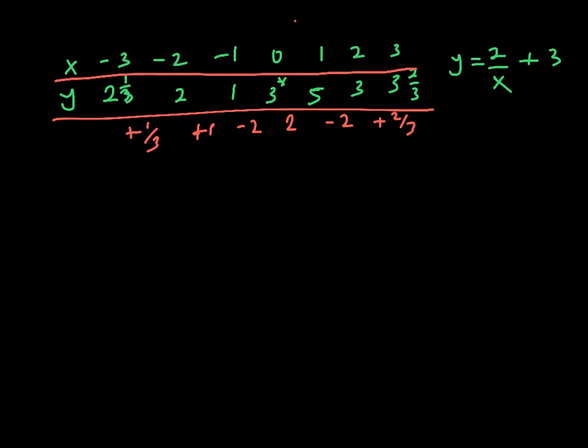Okay, now let's quickly put this on the graph. If we make a quick graph, we're not going to draw it to scale, just for us to see what it's like. So if x is -3, let's say this is where -3 is, and then y is 2 1/3. So let's say this is 1, 2, and 3. So 2 1/3 is like 2.3, just about a third of the way there.